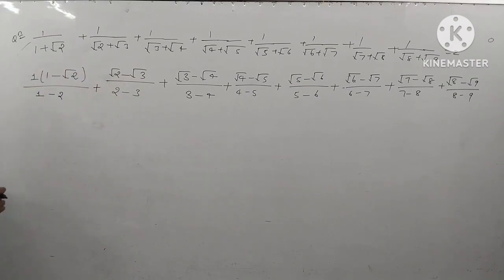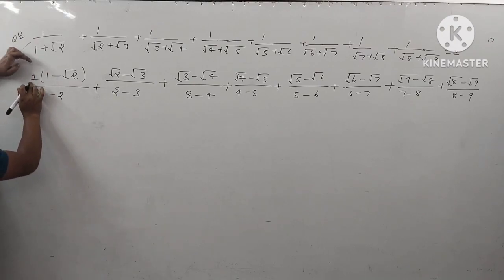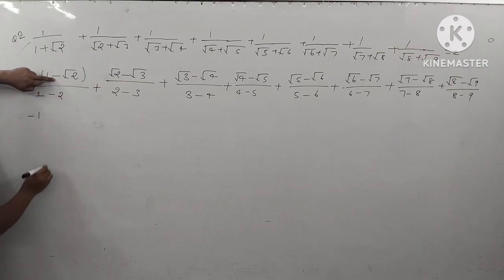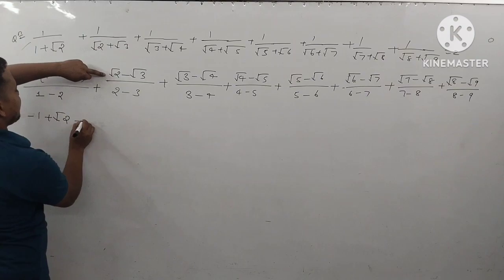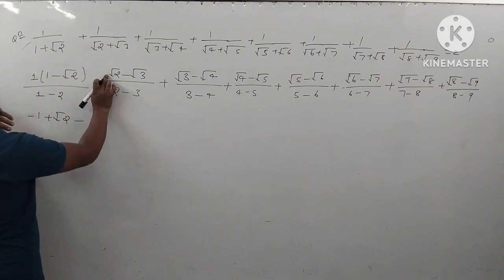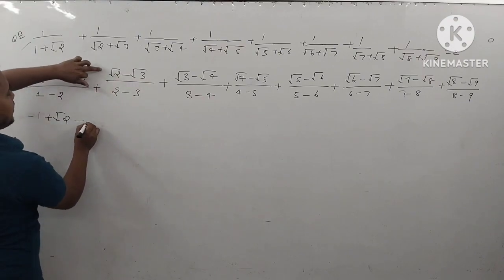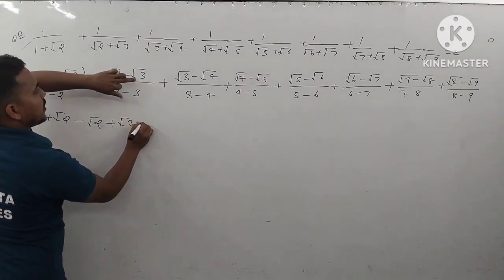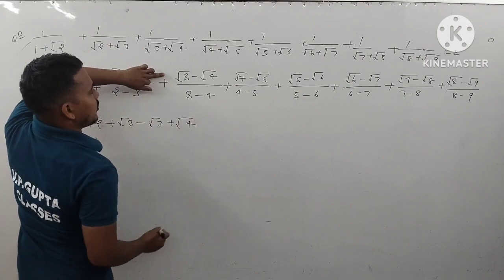Okay, now take these terms. This is -1, and this is a positive term, that means root 2, negative term is positive. Okay, plus root 4.